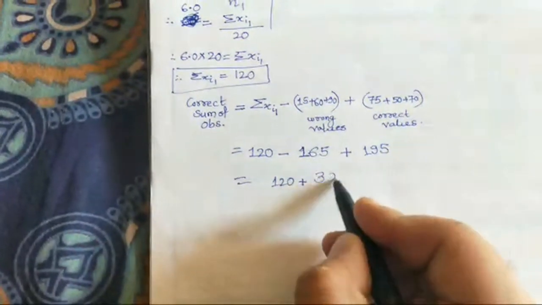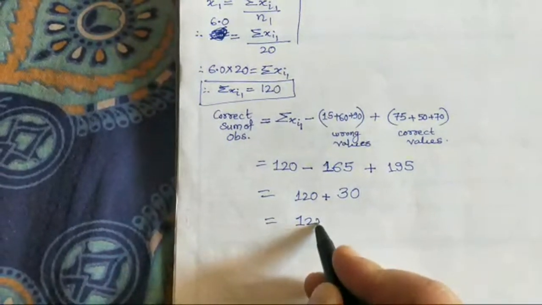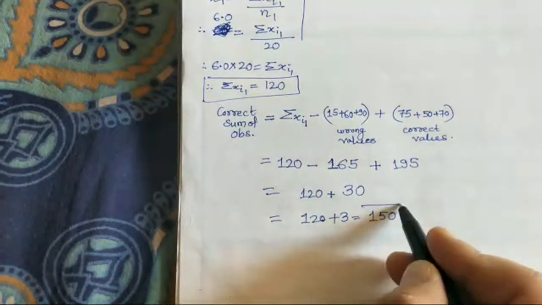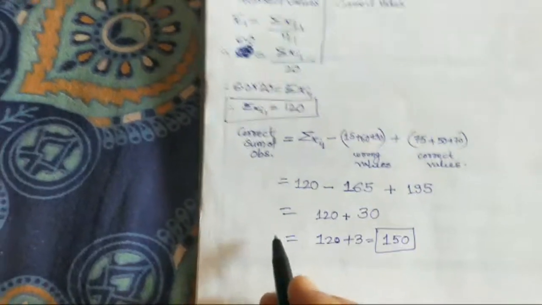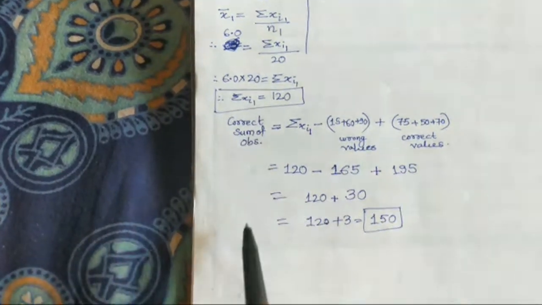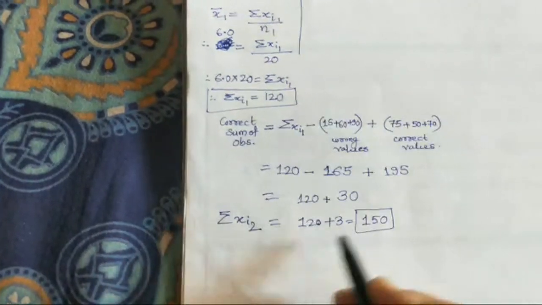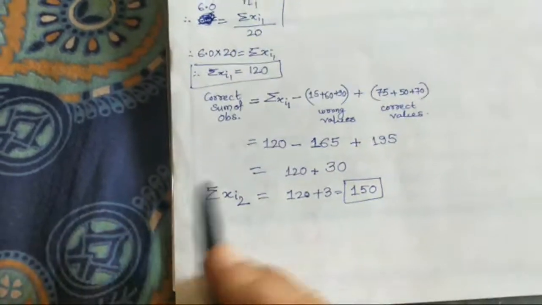So ultimately it would become 120 plus 30, and 120 plus 30 would be equal to 150. So the sum of correct values is 150.